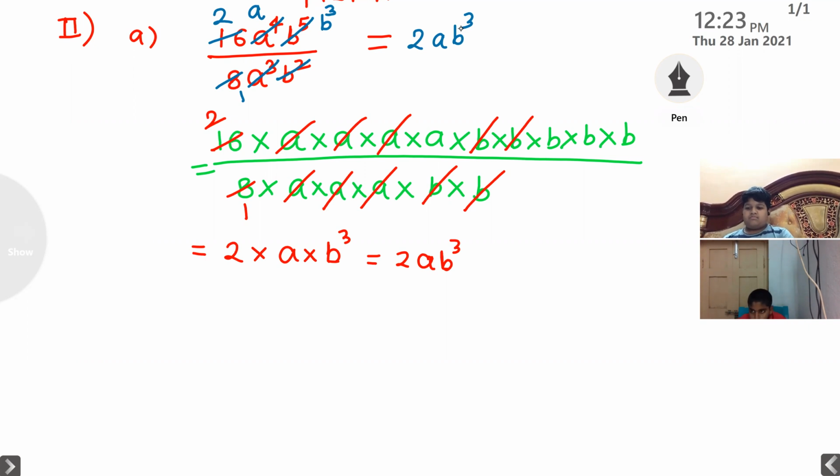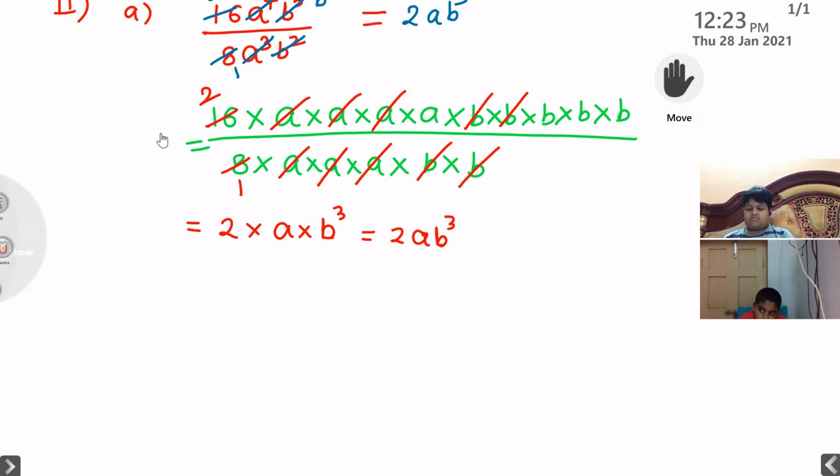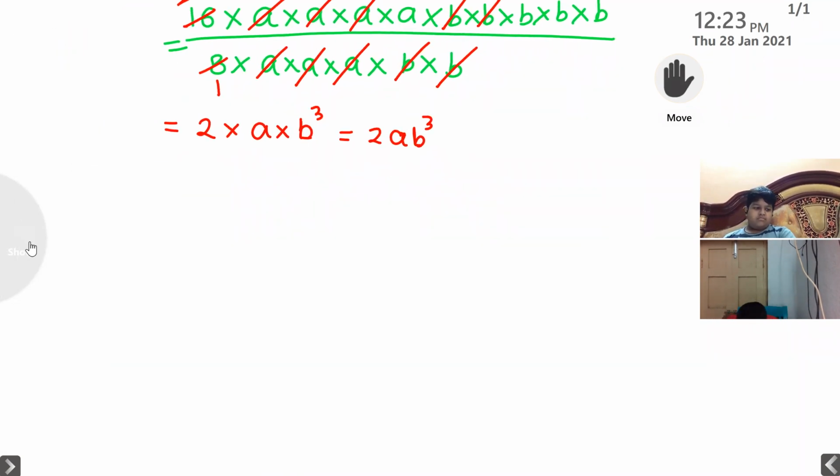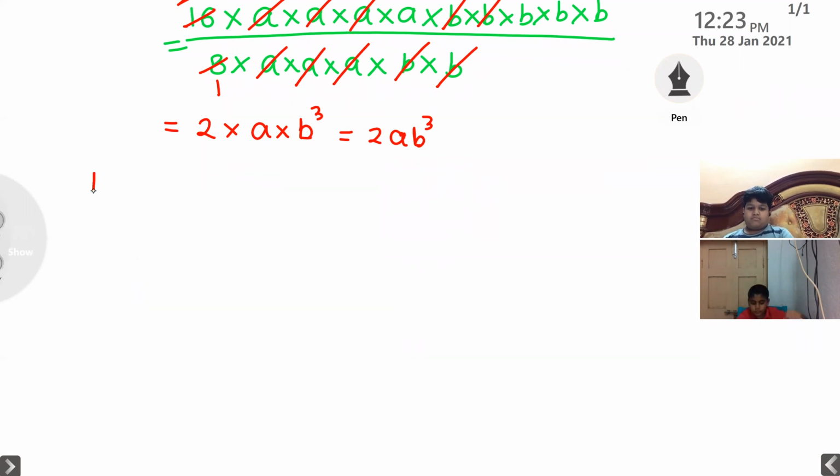Next, B question. I'm explaining B question now. 20 a square b square c upon 10 a square b square c square.